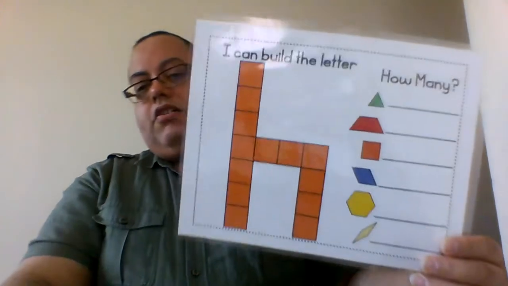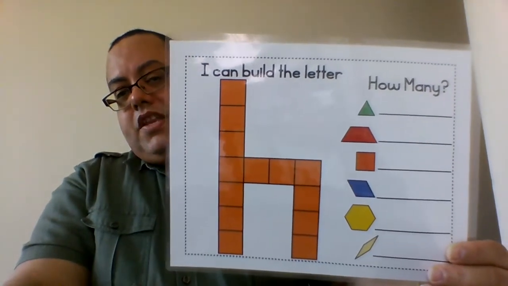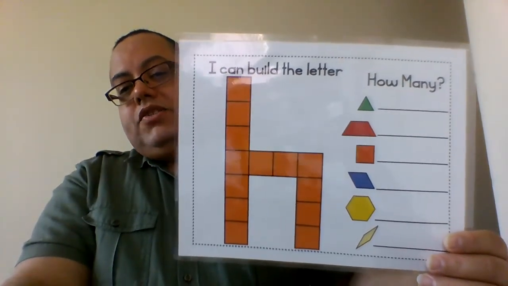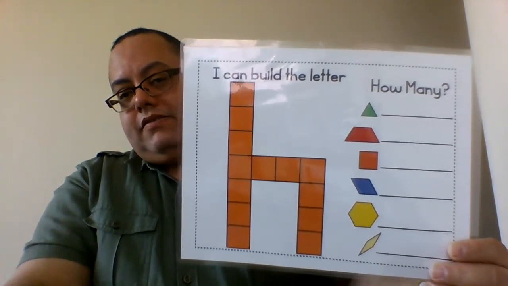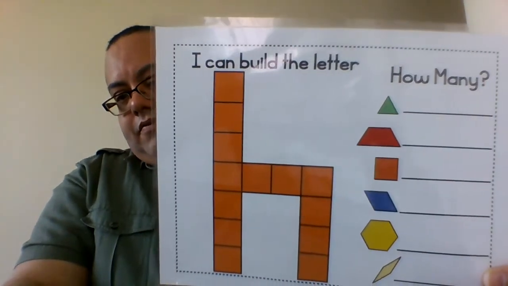Now I'm going to go with another letter that really made it hard for everybody. Take a good look. Do you see any triangles, trapezoids, rhombuses, or hexagons? For the letter H, not even one.